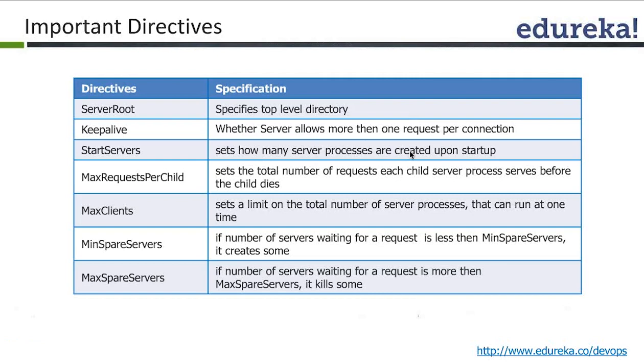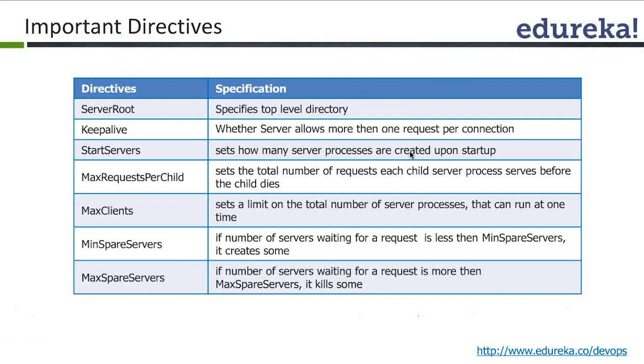But if there is only one server, then only one guy can actually connect to it. So what it does is it starts child processes. MaxRequests is the total number of requests each child server process serves before the child dies. Okay, so that's your child process. And MaxClients sets the total number of server processes that can run at one time.